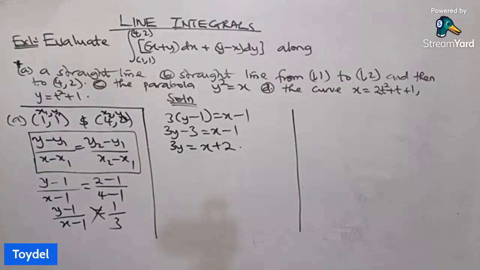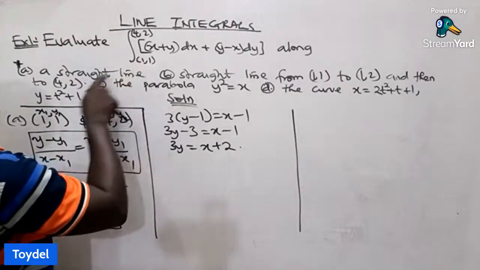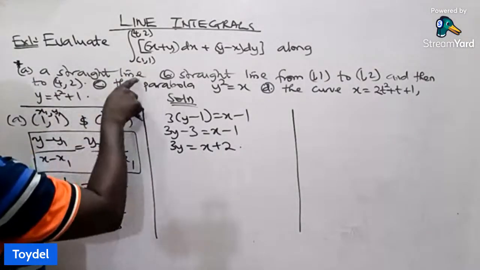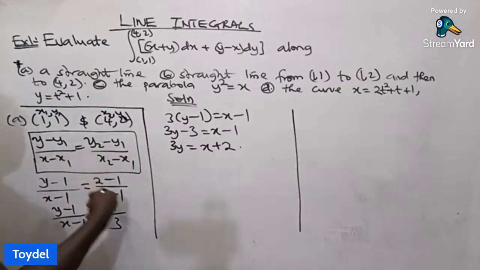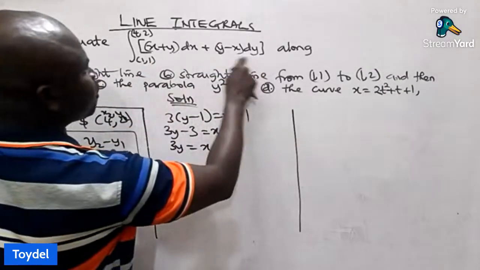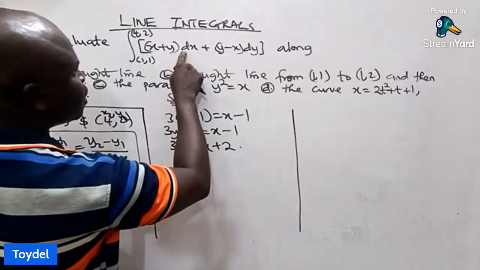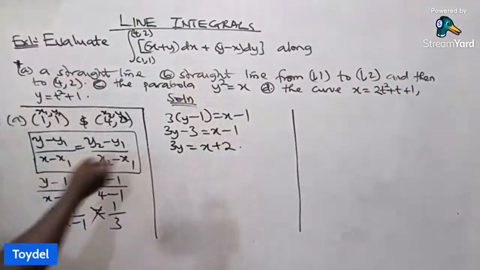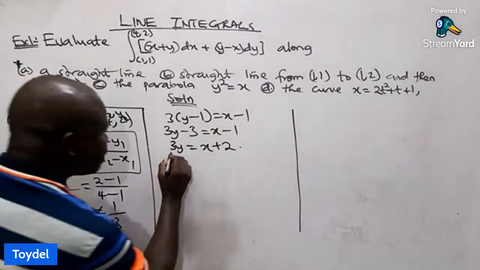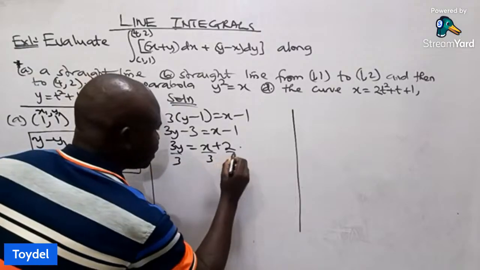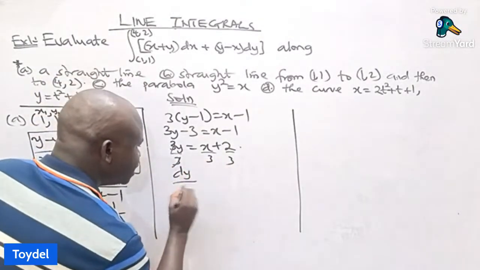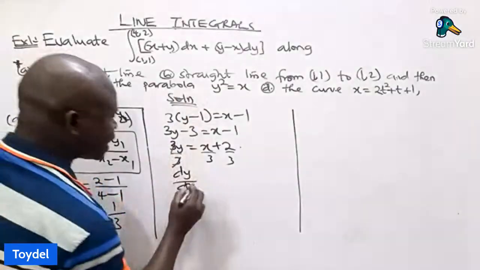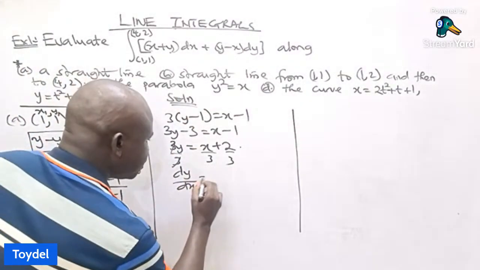And of course, if you want to evaluate this line integral along this, you realize that in this case, it's either we rewrite everything in terms of y and dy or in terms of x and dx. So from this equation of a straight line, if we divide both sides by 3, we are going to have y equal to (x plus 2) over 3. So dy/dx, if we differentiate, will be 1 all over 3.